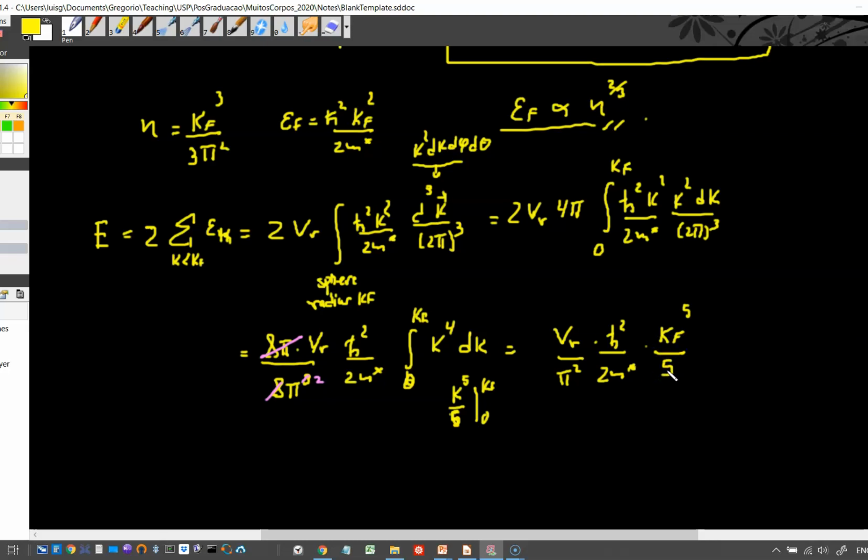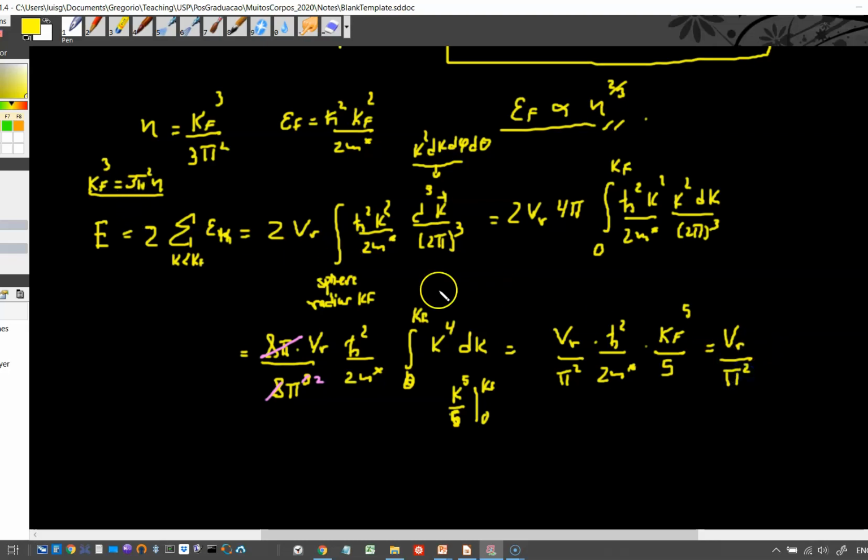Now, let's remember here that this is going to be important: kf cube equals 3 pi square times the density. All right, so let's remember that. Okay, so this is volume times h bar, and I'm going to put this pi square.